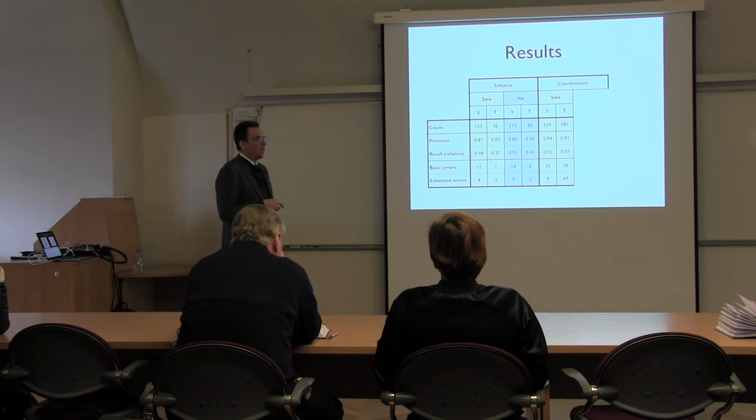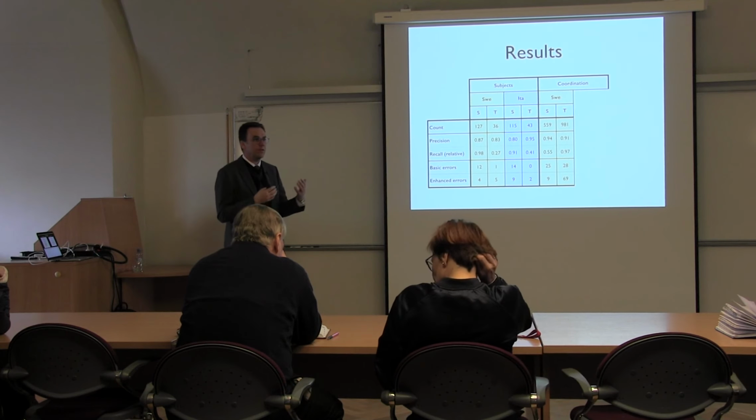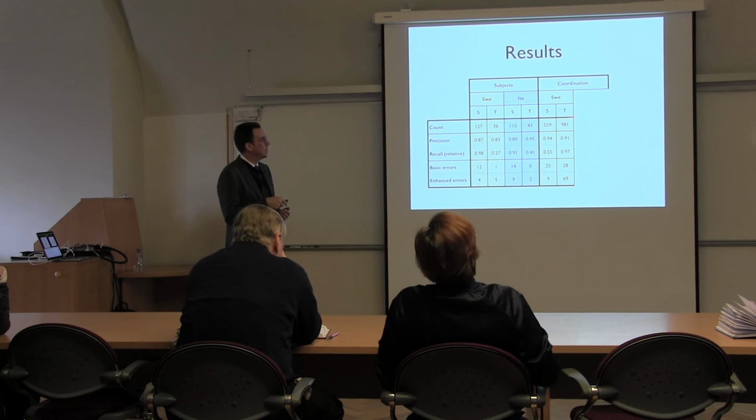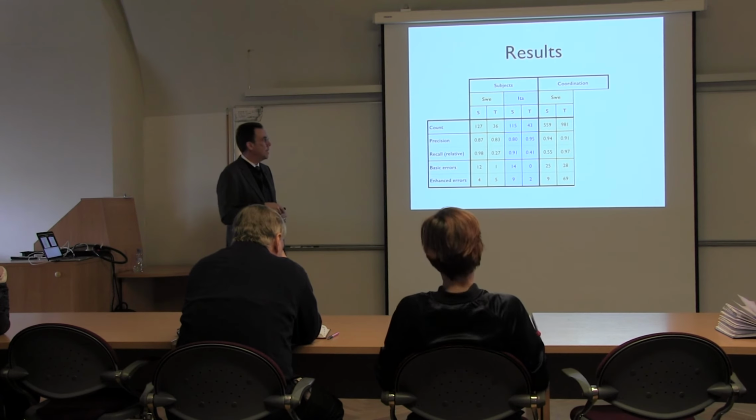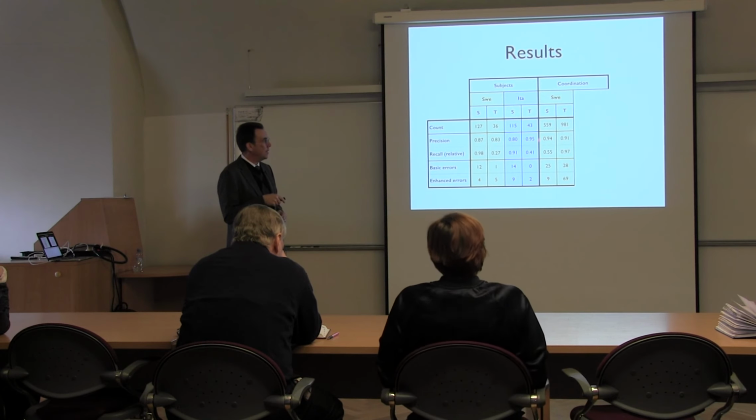When we go to coordination, the quantitative figures, the number of predicted dependencies, are the inverse. This is again because Stanford uses this high precision strategy where they only propagate dependents if they're core arguments, whereas the Finnish system goes for everything. As a result, the Stanford system has slightly better precision, but not by a lot actually, and of course much lower recall.